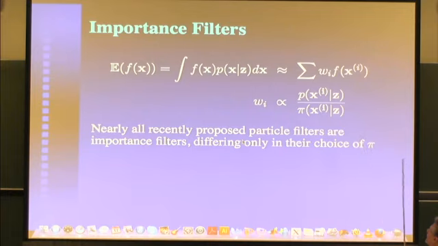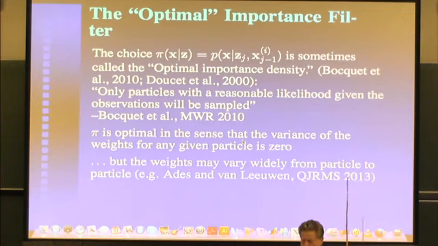And pretty much most of the proposed particle filters, and there are a lot of people working on particle filters out there, mostly the difference is the way that they choose the importance functions. There are people who do completely different things, but mostly it's the way they choose their importance functions.